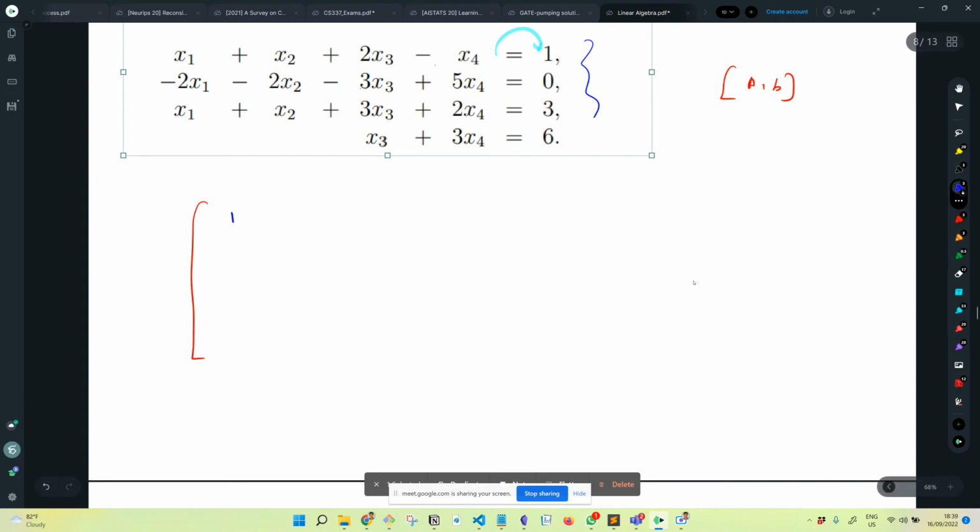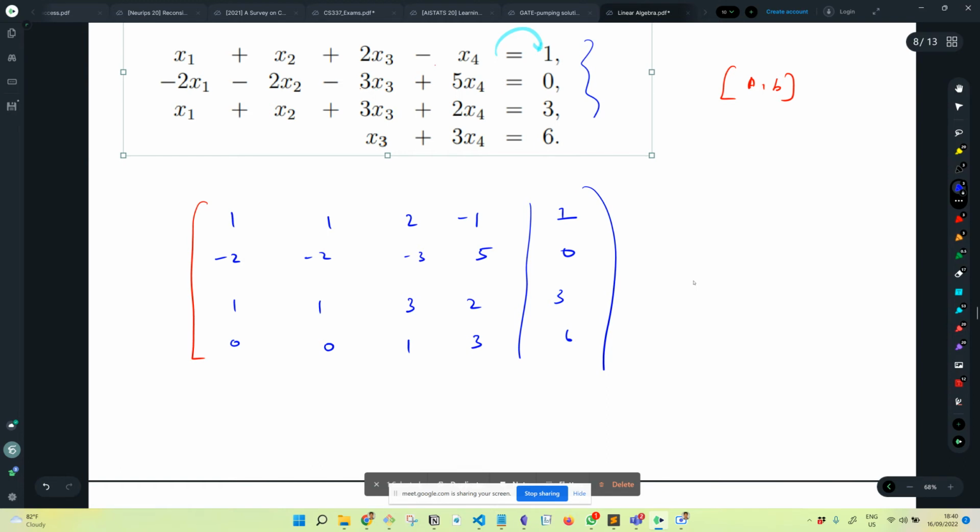Let me write down the augmented matrix for the system, right? Augmented matrix will be 1, 1, 2, minus 1, and let me augment b also. So this will be 1. Then for the second equation, minus 2, minus 2, minus 3, 5, b will be 0. Third equation, 1, 1, 3, 2, b is 3. Last equation, 0, 0, 1, 3, b is 6. Right? Now remember the format of RREF.